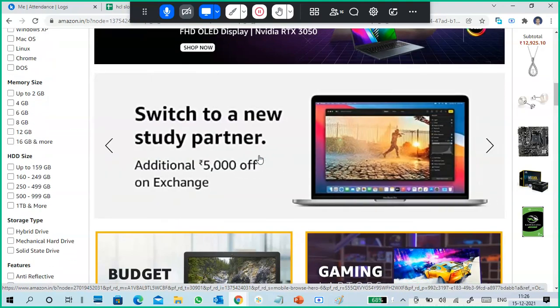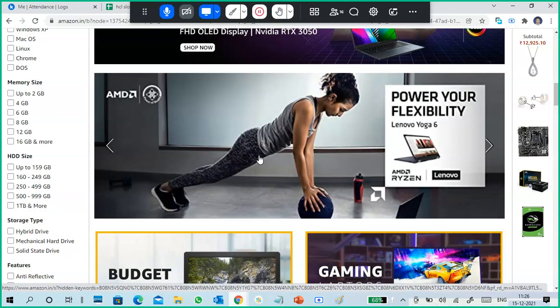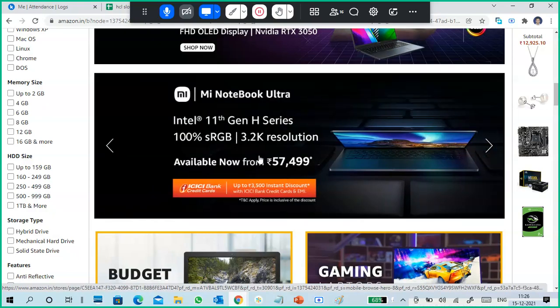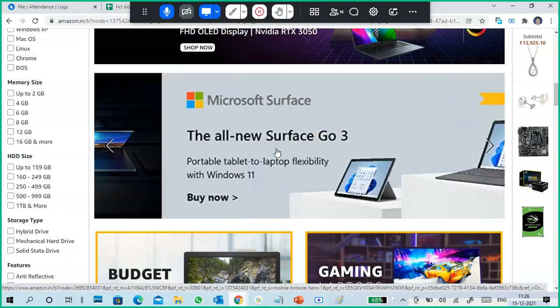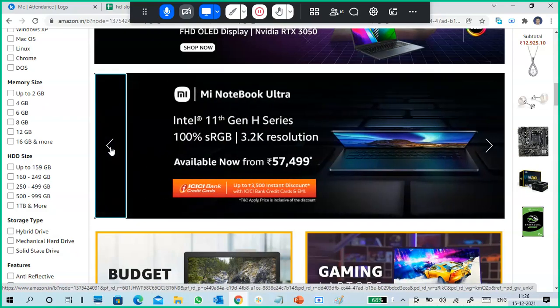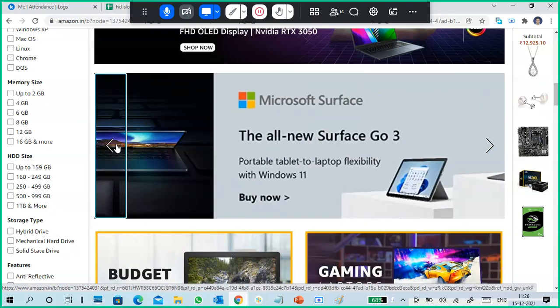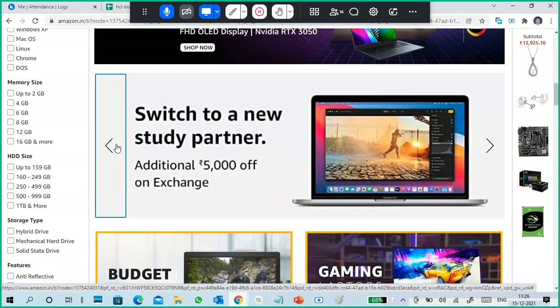For example, a full jean pant is 1,000 rupees, a half jean pant is 2,000 rupees. It's like that, no extra facility, nothing. They increase the price a lot.